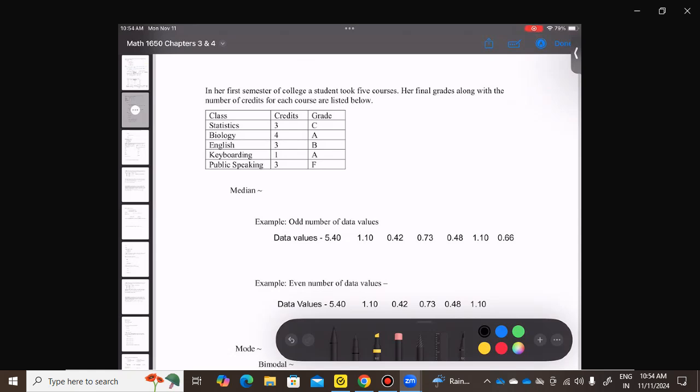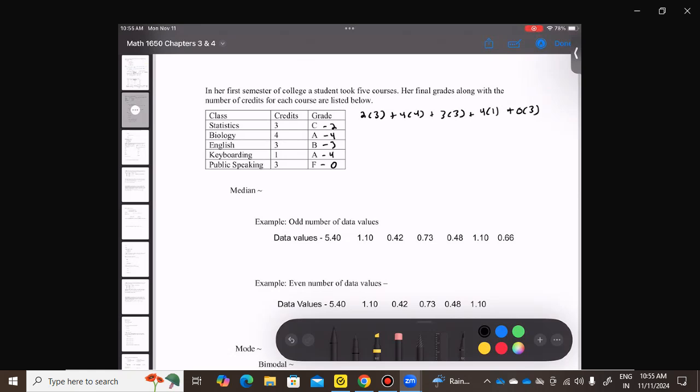To calculate the GPA, we are going to multiply the credits by the weight of the grade. So an A is 4, a B is 3, A is 4 again, a C is 2, and an F is 0. So we're doing 2 times 3 plus 4 times 4, that's for the A, plus 3 times 3 plus 4 times 1 plus 0 times 3.